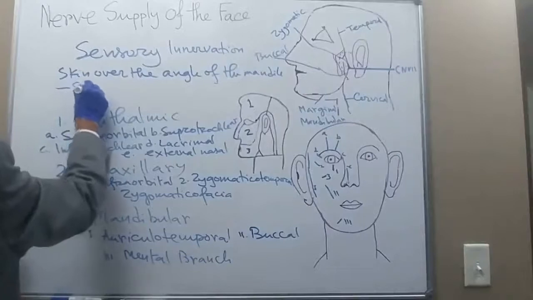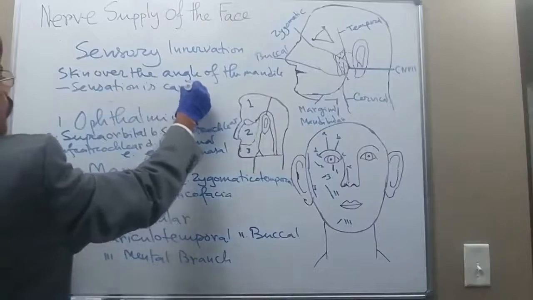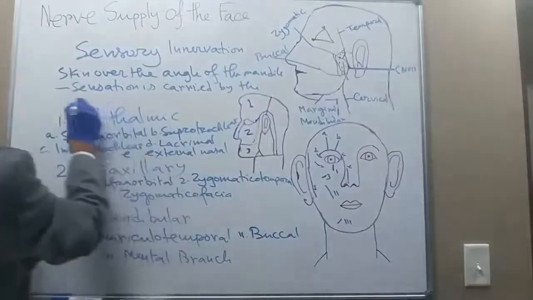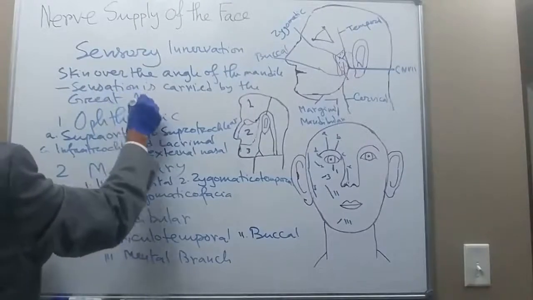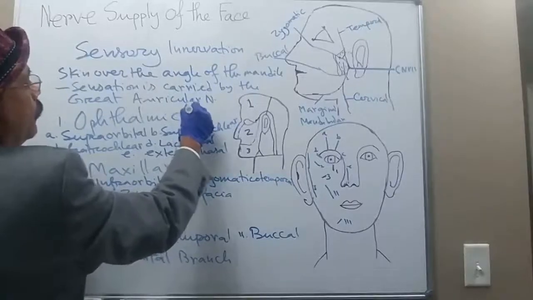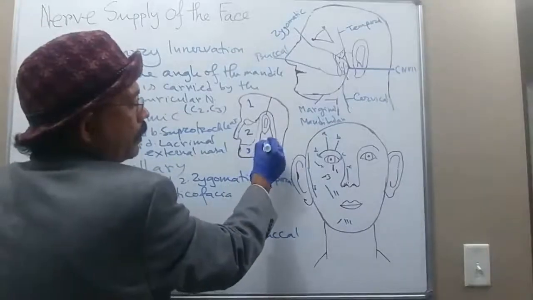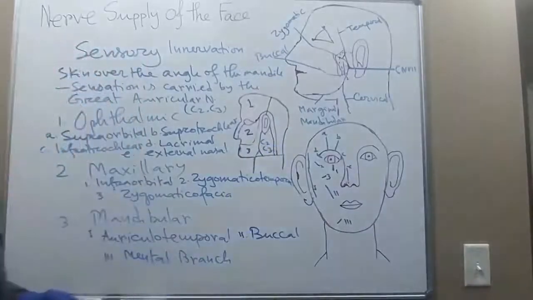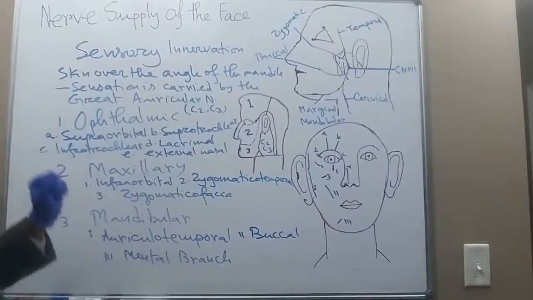The sensation is carried by the great auricular nerve. Great auricular nerve, its root value is C2, C3. So this part by great auricular nerve, root value C2, C3. Okay, we got the cutaneous innervation of the face.